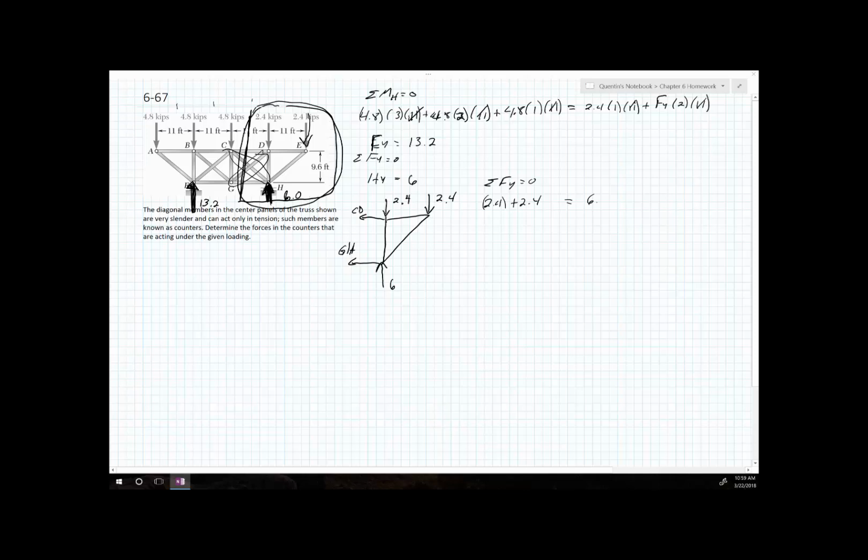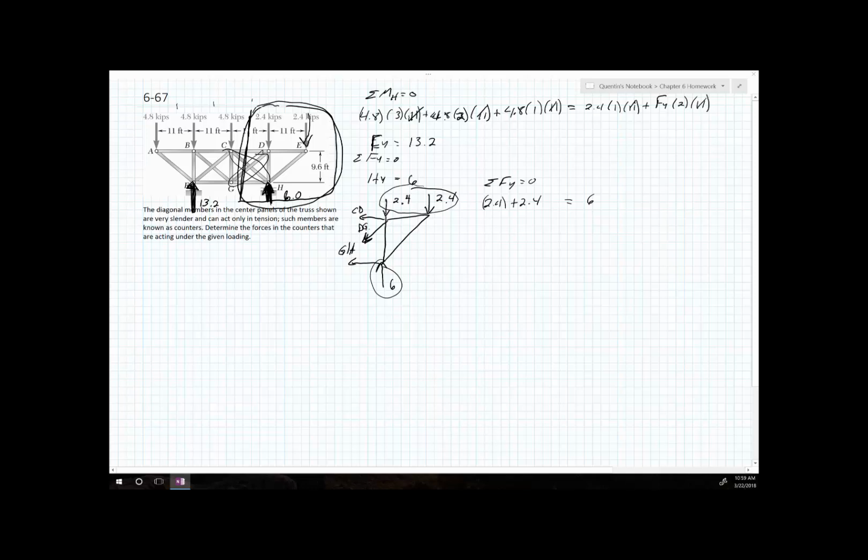Right off the bat, I have 4.8 going down between these two, and this one I have 6 going up. So I know that my force has to also go down to get up to that 6. So it's going to be this element right here, and that is DG.